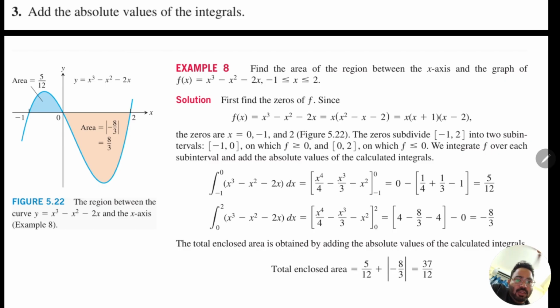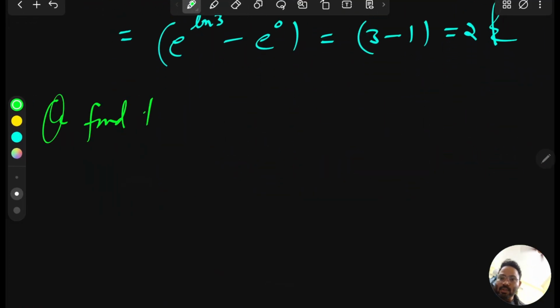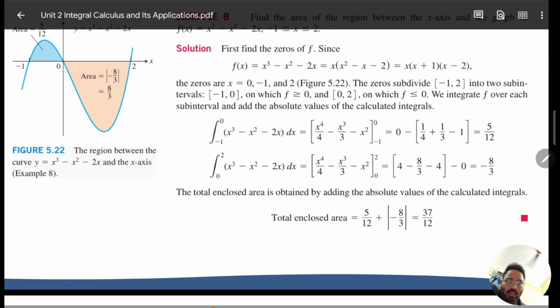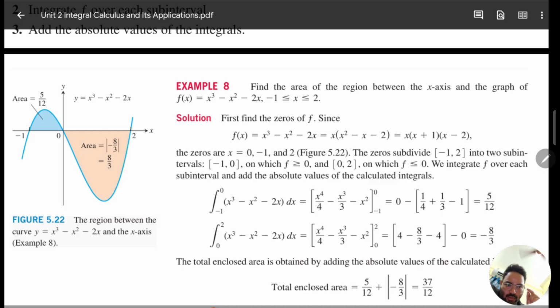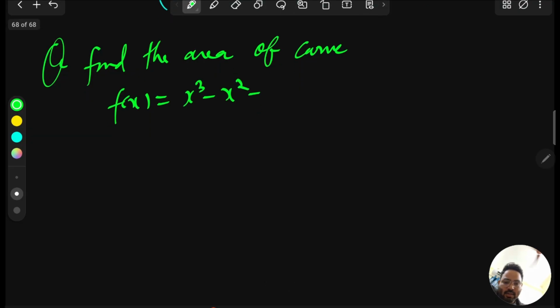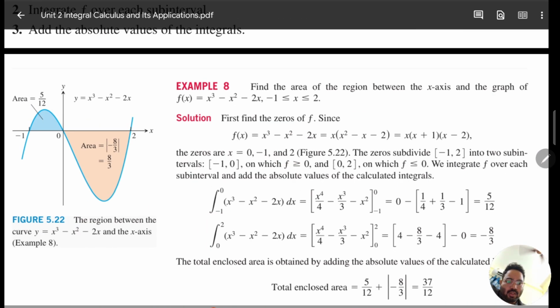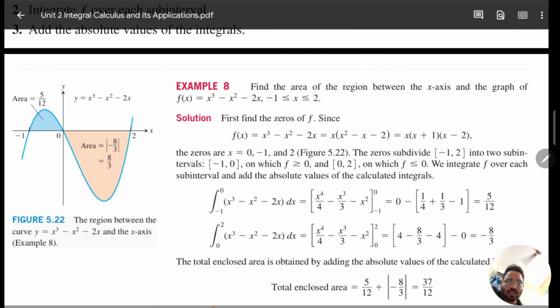Our next question is: find the area of the region between the x-axis and the graph of f(x) equal to x cube minus x square minus 2x minus 1, between x equal to -1 and 2.